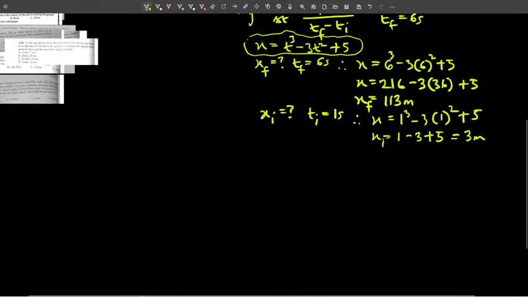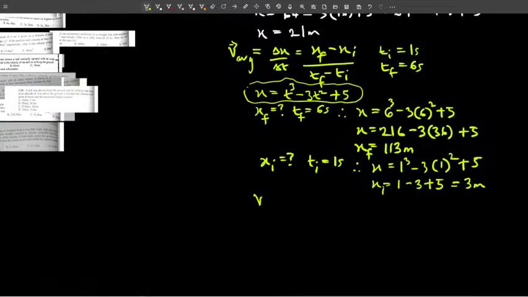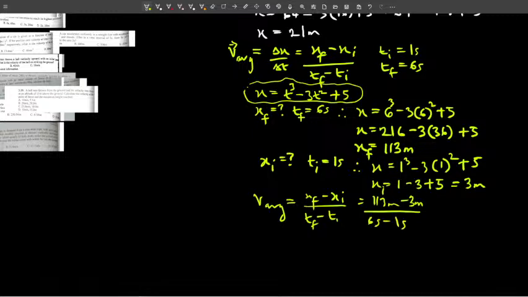We can now calculate the average velocity. The average velocity will be equal to xf minus xi over tf minus ti. What's my xf? My xf here is 113 meters. And what's my xi? That is 3 meters, all over my tf minus ti, that is 6 seconds minus 1 second.